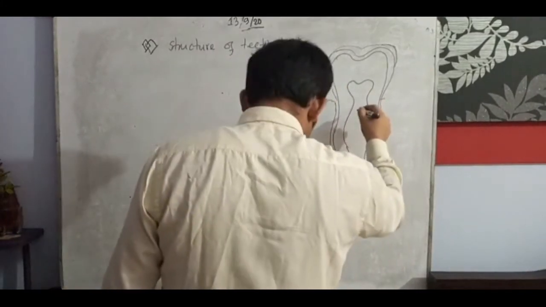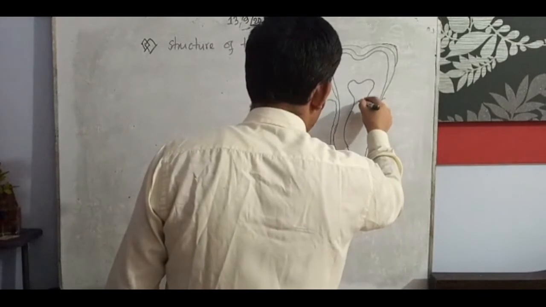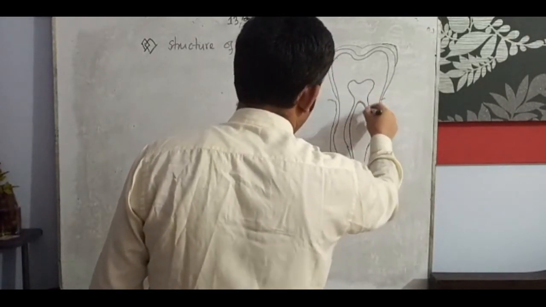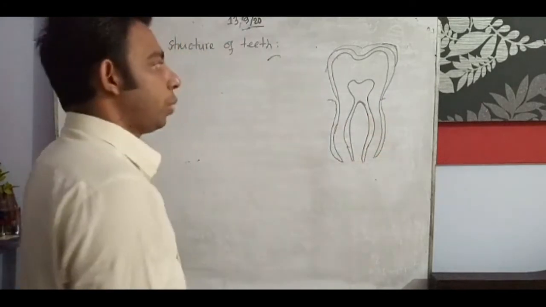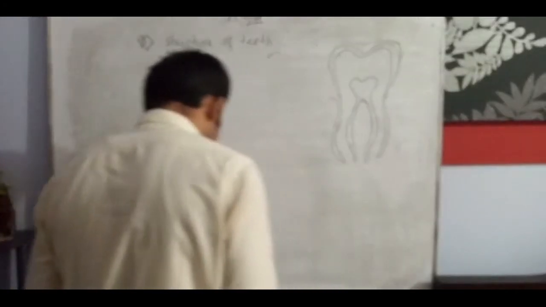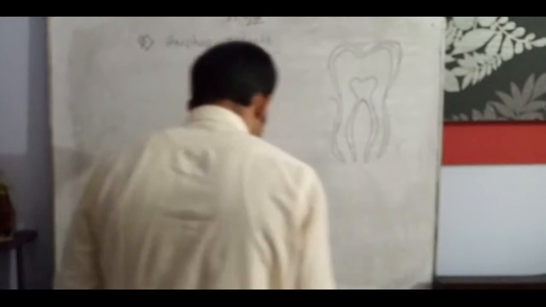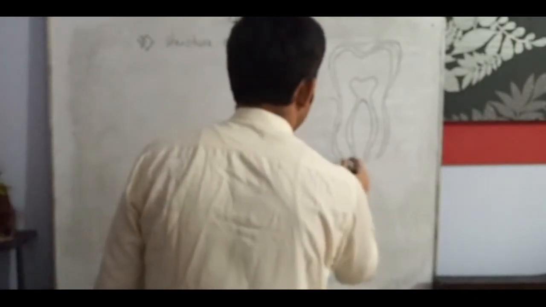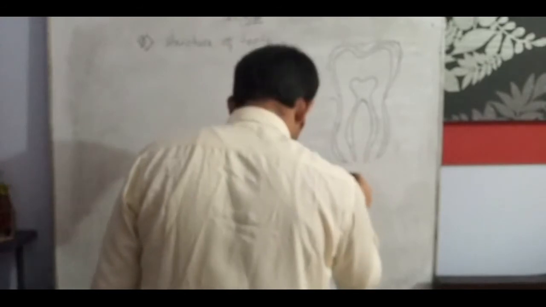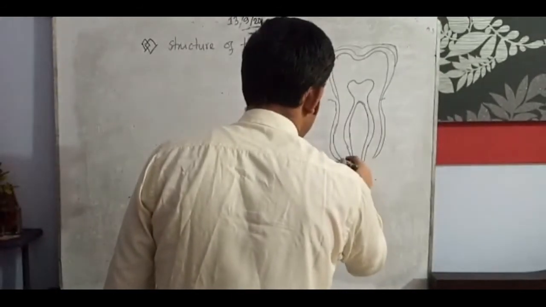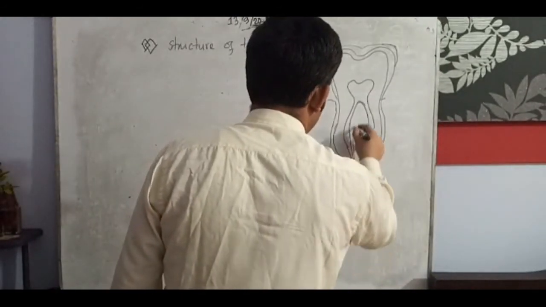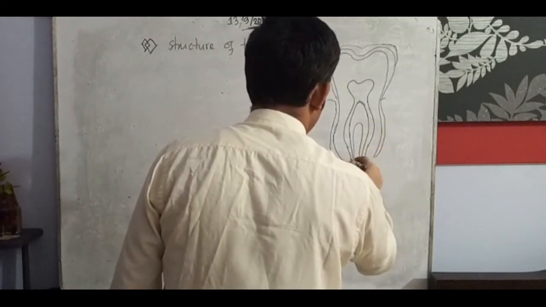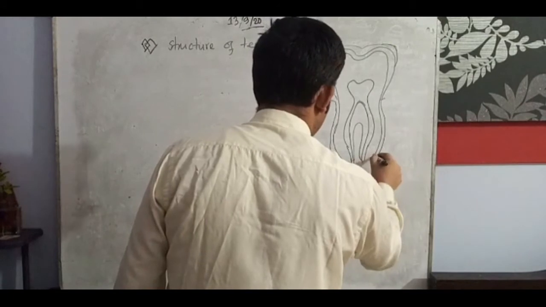Follow me here for drawing this. This way you will draw the figure. And these two will be bulging parts. That means in this way we will go through understanding those parts.